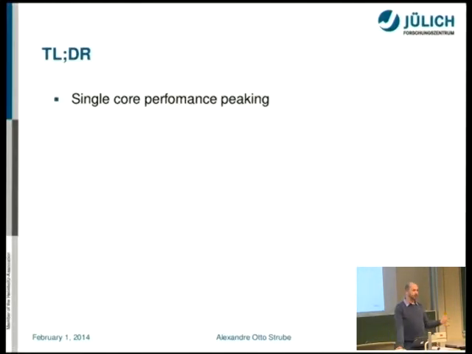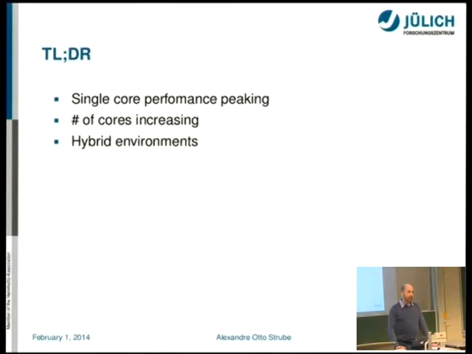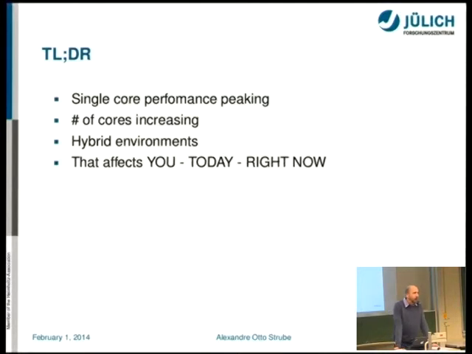First, we know that single core performance is pretty much done. We have been increasing the number of cores on our machines, and we have GPUs, accelerators, all those kinds of things. So we should be taking parallel programming seriously right now.